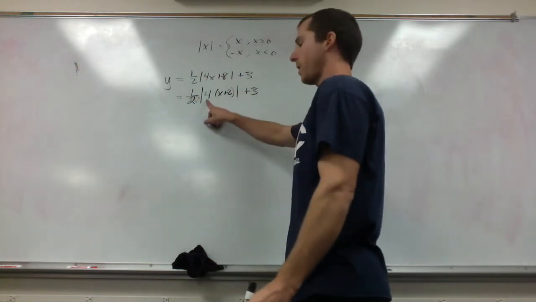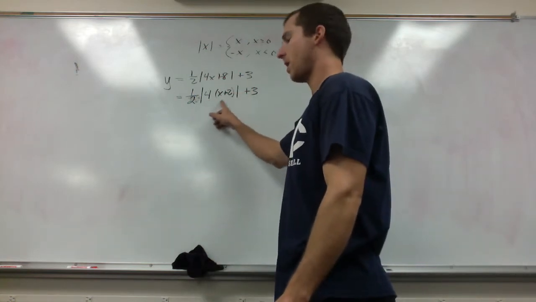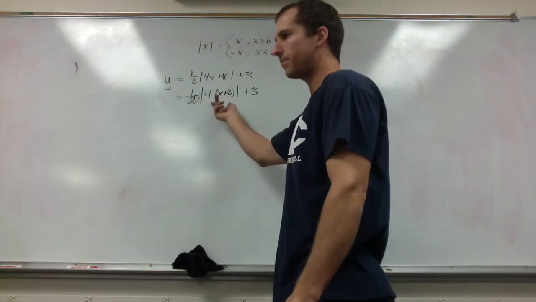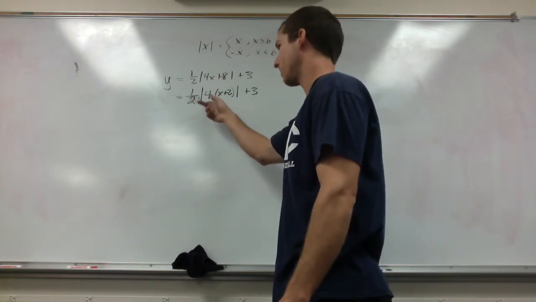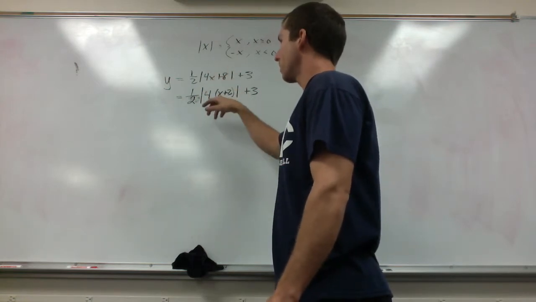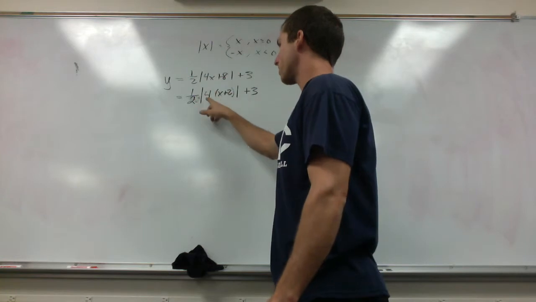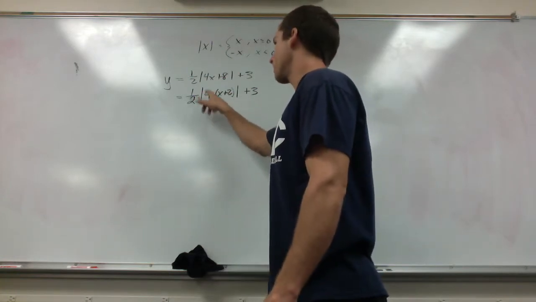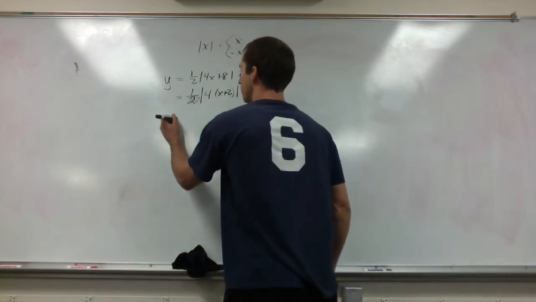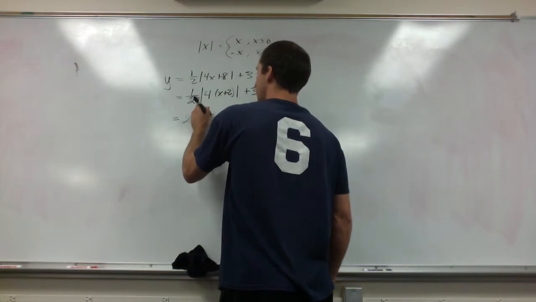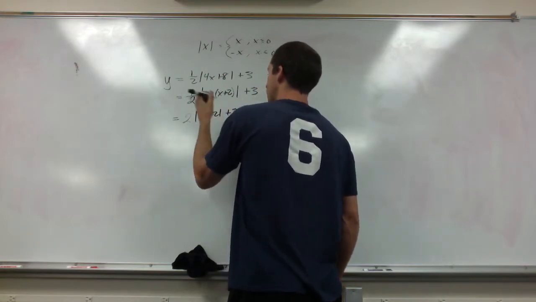And because 4 is positive, it's not really affecting the sign of whatever this quantity is. If it was negative, I'd maybe have to think a little bit more. But the x is the only thing affecting whether that expression is positive or negative. That 4 is not doing anything as far as the sign. So I could bring the 4 out if I wanted to and say it's 2 times the absolute value of x plus 2 plus 3.